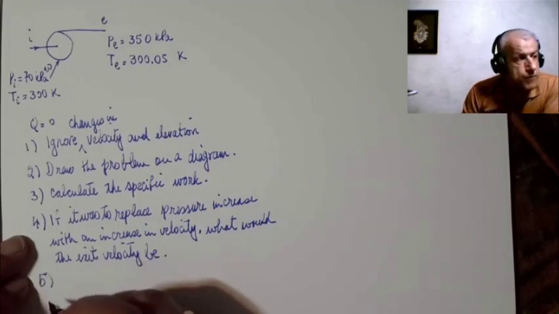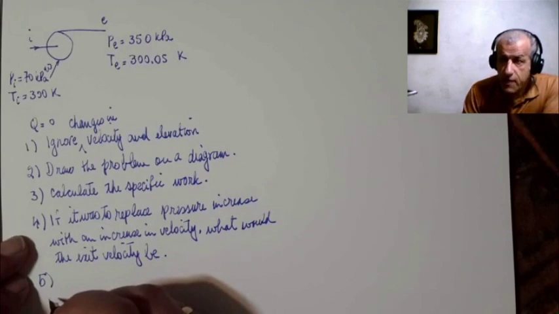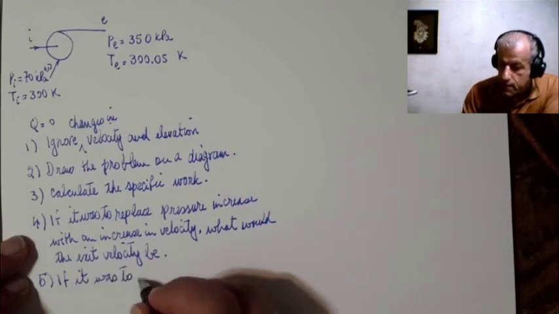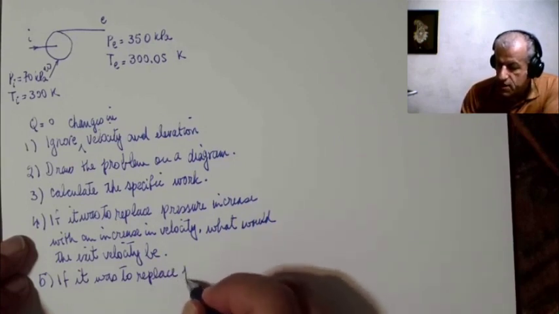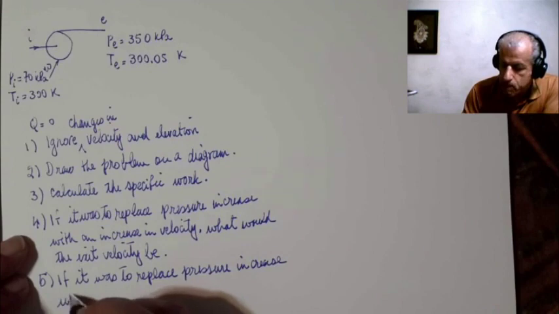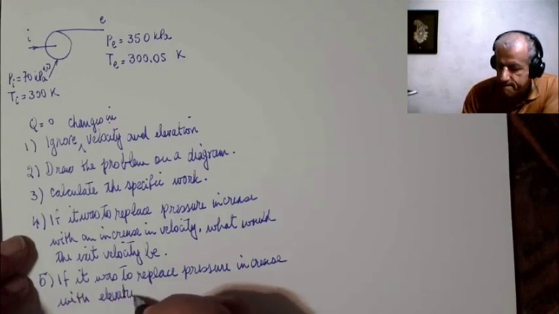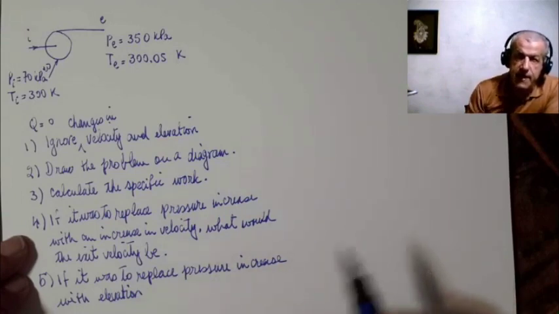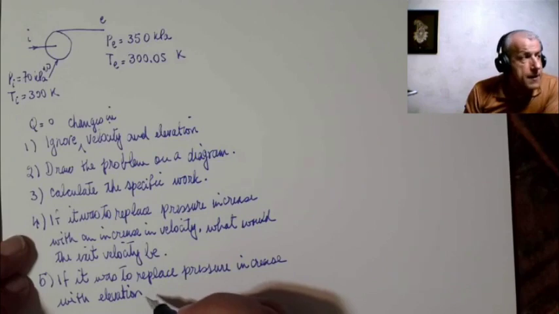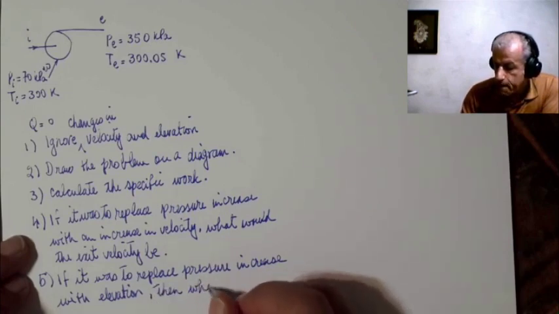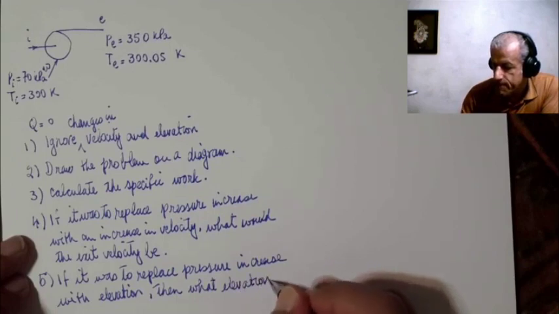And five, if it was to replace the pressure increase with elevation, it means that instead of increasing the water pressure, if we were to raise water level to some height, say fill a tank at some level, then what elevation could we expect?